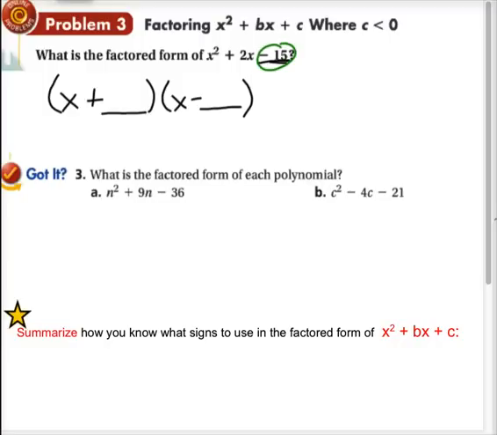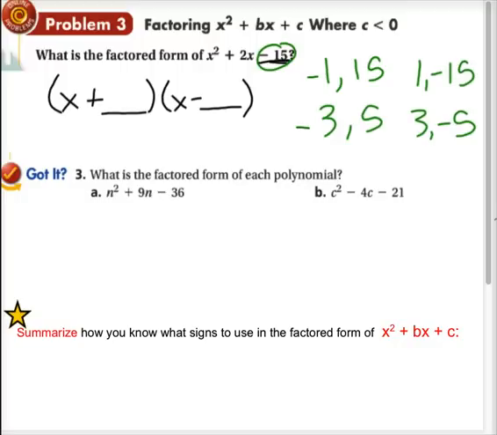So we are talking about 1 and 15, 3 and 5, and of course, understanding that one of those must be negative. So we're either talking about negative 1 or 1, negative 15, negative 3, or 3, negative 5.